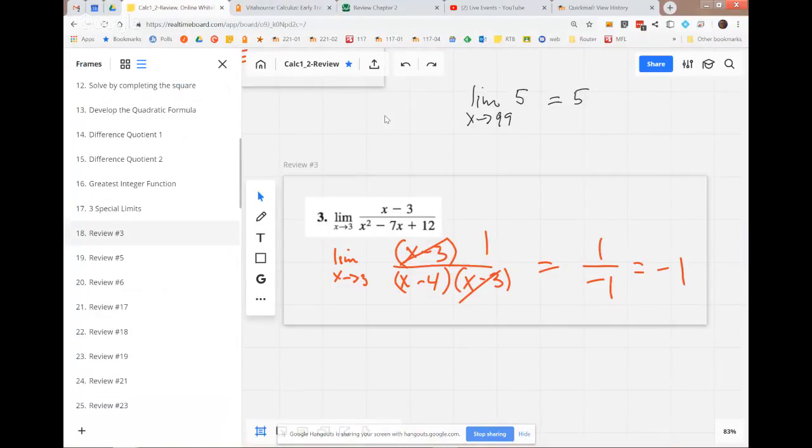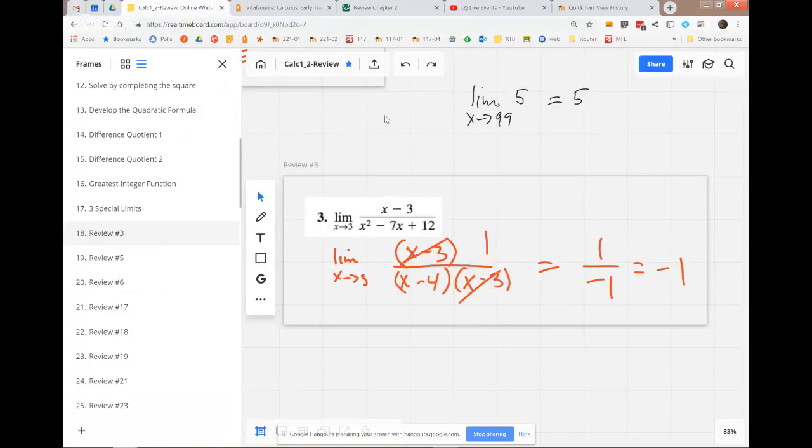Anyone else? You may or may not have had a chance to take a good look at the review, but what other things might you want to talk about? You can see the problem that's up here. What's the limit of that as x approaches 3? The answer is, I don't know until I factor that denominator.